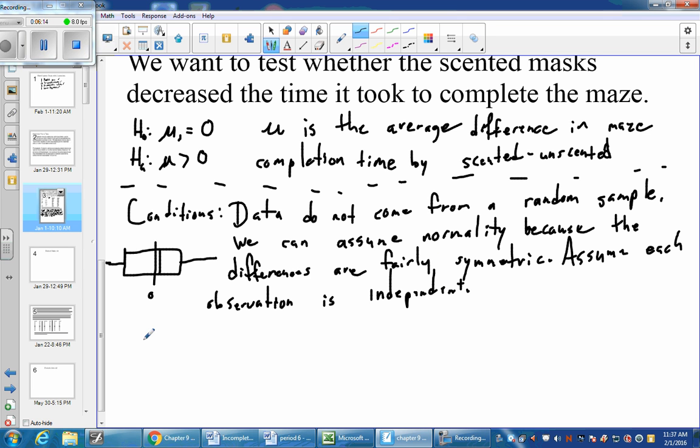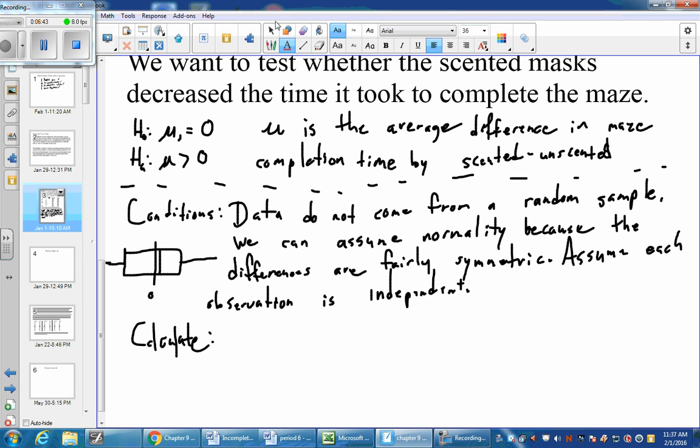Now, in our calculations, what we first have to do is calculate the p-value, or the x-bar value. So I would go in and do 1-Var Stats on the actual value.